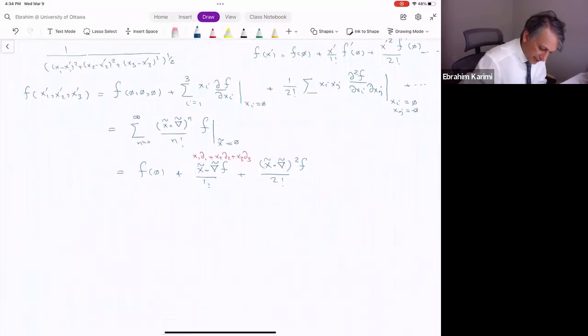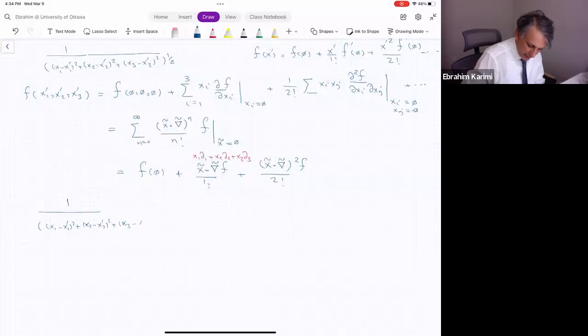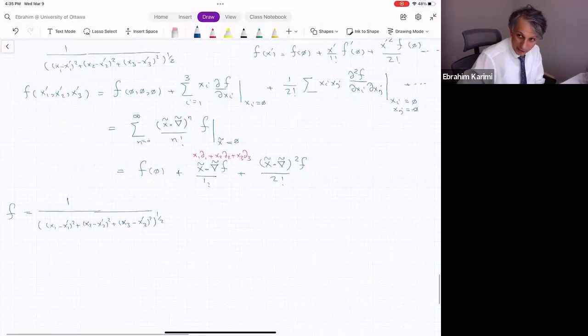So let's take the derivative. What we have is 1 divided by (x1 minus x prime 1) to the power of 2 plus (x2 minus x prime 2) to the power of 2 plus (x3 minus x prime 3) to the power of 2, all to the power of 1/2. This is the function f which we are looking for, and now I'm doing the expansions.